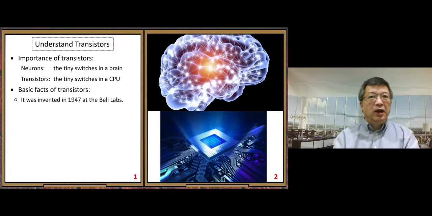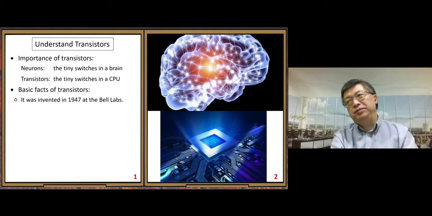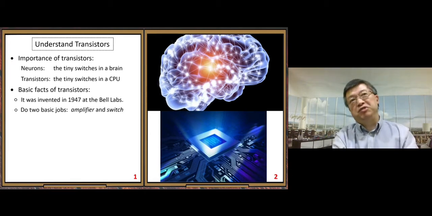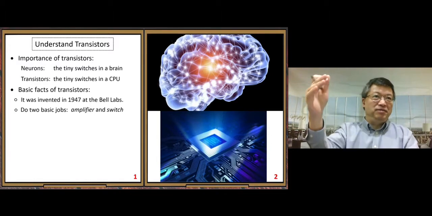There are basically two basic things that transistors can do: amplifier and switch. Switch is one thing we talked about before, but another basic job is amplifier.